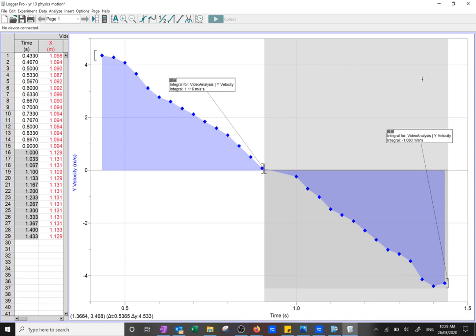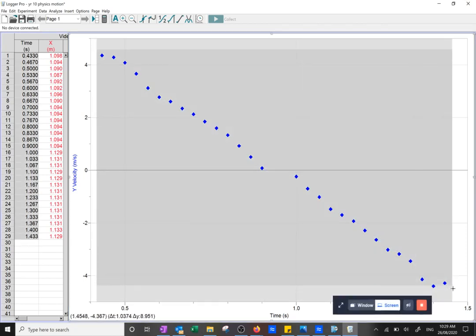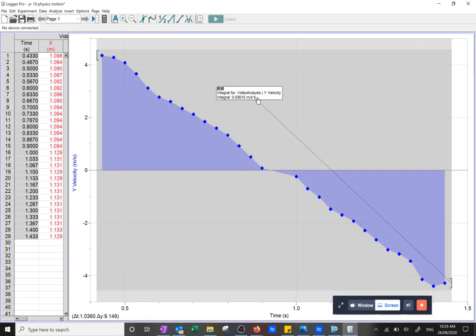Can it find the distance traveled? Before we answer that one, Ryan, what if I highlighted the whole thing? It might just add them together and they might cancel out. Let me just highlight the whole journey and ask, what is the total displacement? 3 centimeters. 0.2. So maybe I didn't catch it in the right spot. Maybe my hand moved 3 centimeters from me throwing it to catching it.